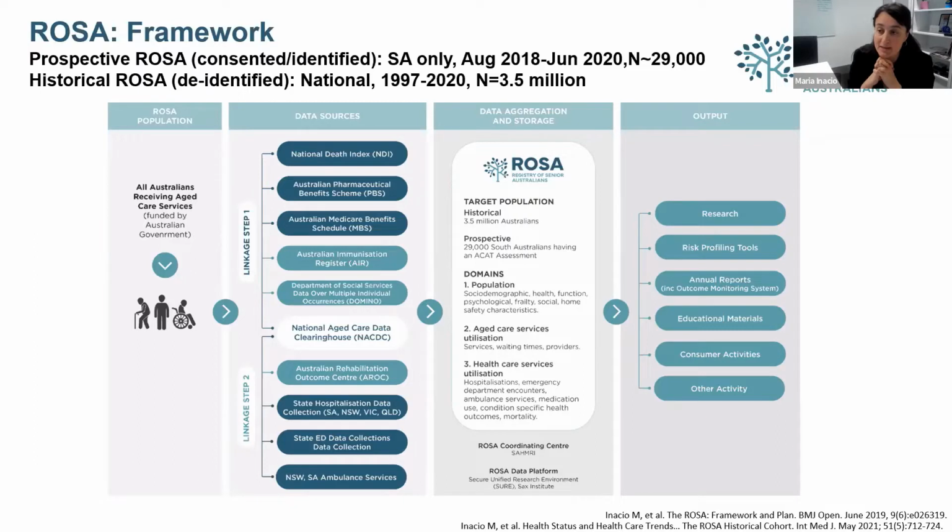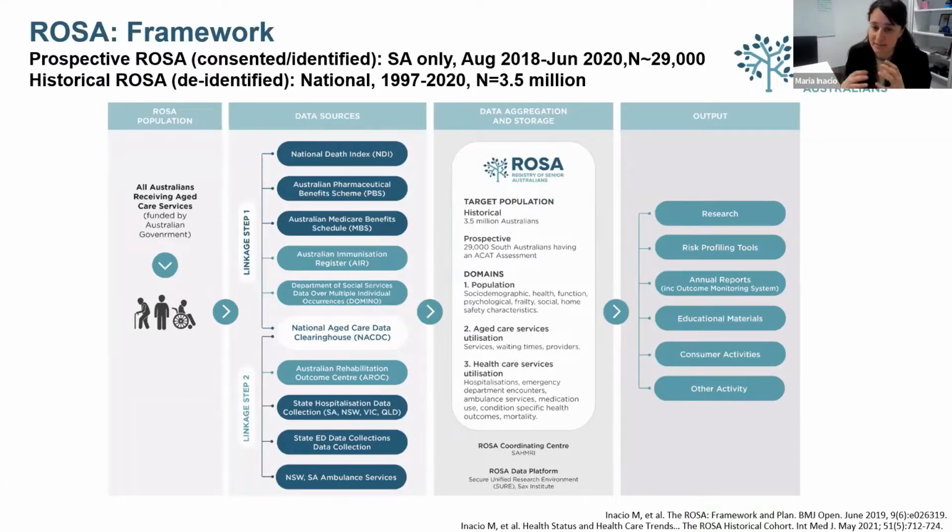So next year, hopefully, when we update and extend this data set in time a little bit, we will also have the Department of Social Services data over multiple individual occurrences, which is called the Domino data set, that captures all the Centrelink information, as well as the Australian Immunisation Register for the obvious reasons, and also the AROC information, which is information from another registry that captures information on rehabilitation of individuals that are hospitalized for specific types of procedures and need in-hospital care, in-hospital rehabilitation services.